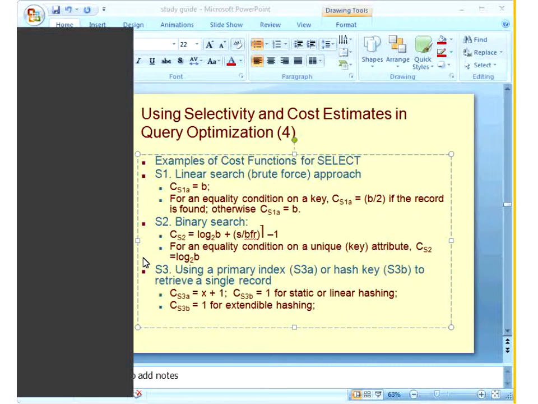These are standard formulas. We don't modify them. As written, the cost for method SI is referred to as CSI, block expression.